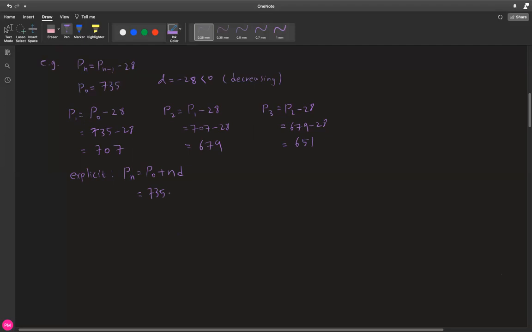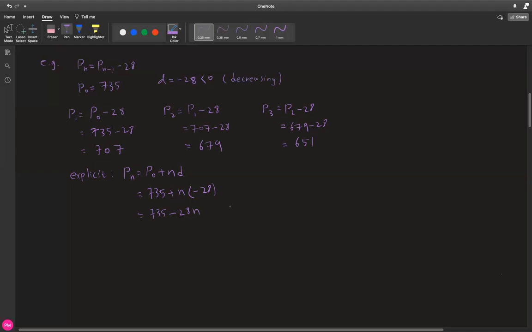So it's actually plus n multiplied by negative 28, and you can simply rearrange this to get 735 minus 28n. This is your explicit formula that you're trying to find.